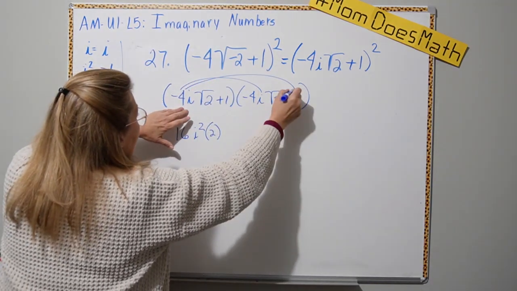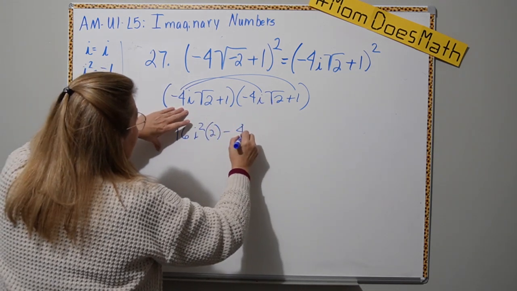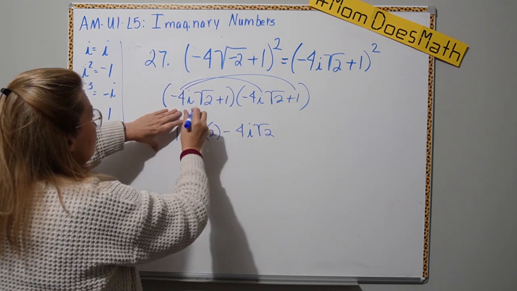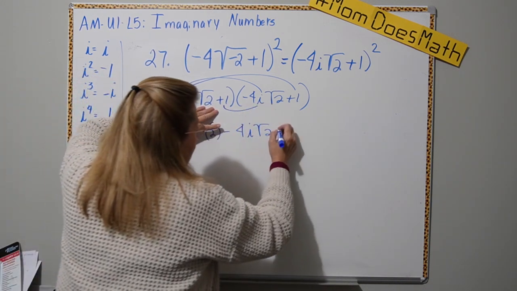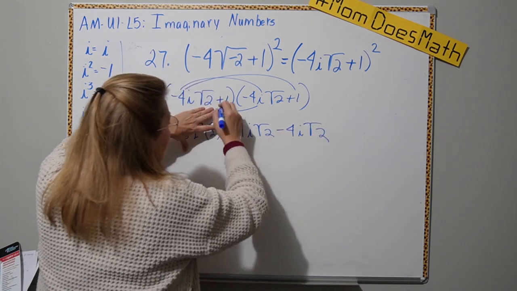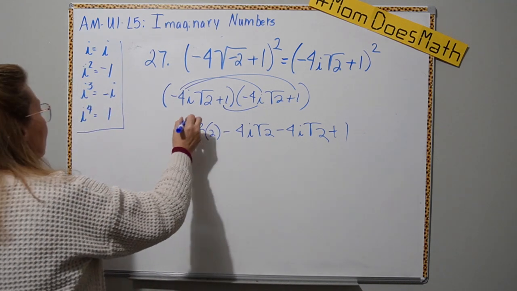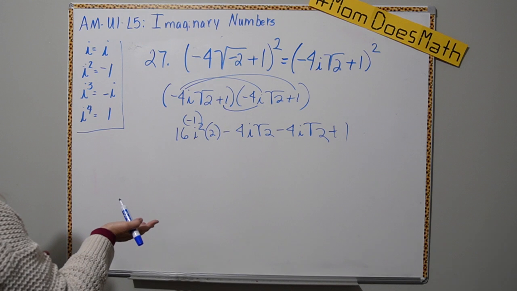All right. Negative 4i square root of 2 times 1 is just going to be negative 4i square root of 2. Now let's do this one. 1 times negative 4i square root of 2 is another negative 4i square root of 2. And 1 times 1 is 1. Okay. Down here, remember that i squared is a negative 1.